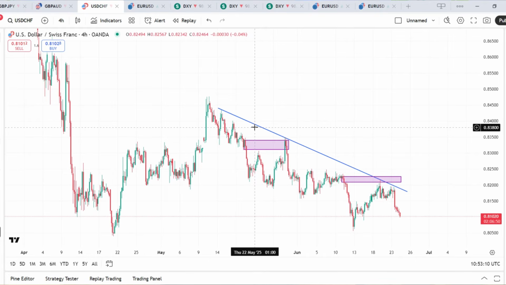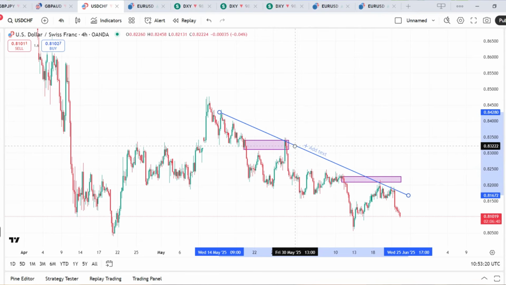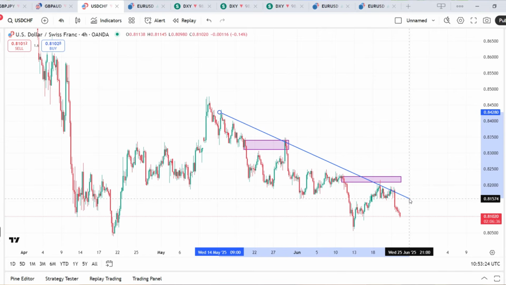Let's also talk about what I use when drawing my trend line. You hear some traders say you consider the body, you don't consider the tail. So they draw their trend lines something like this, right? Others will say we consider the tail and not the body.